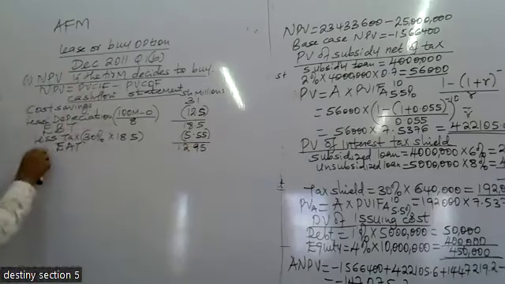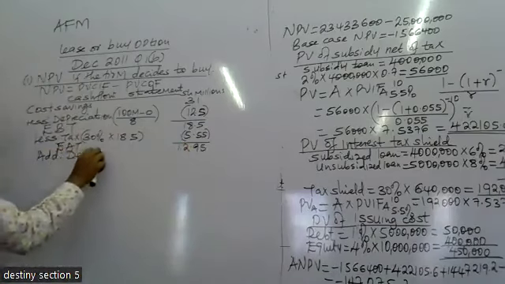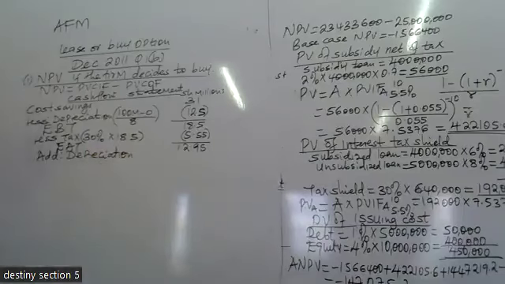And then we add back the depreciation. The reason we do that is because depreciation is a non-cash, disallowable expense.